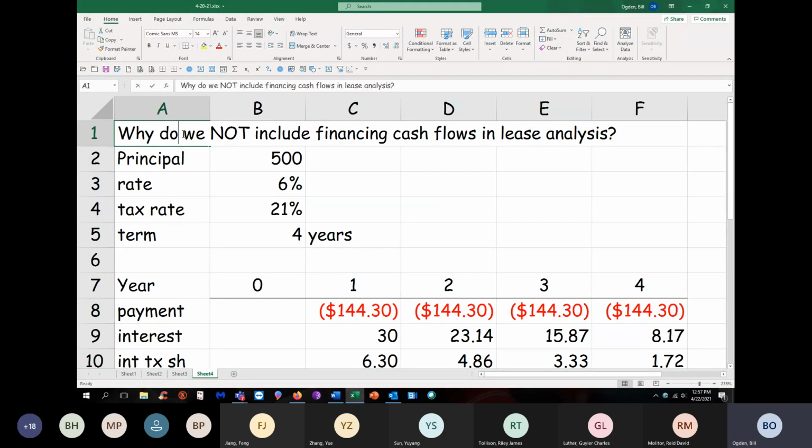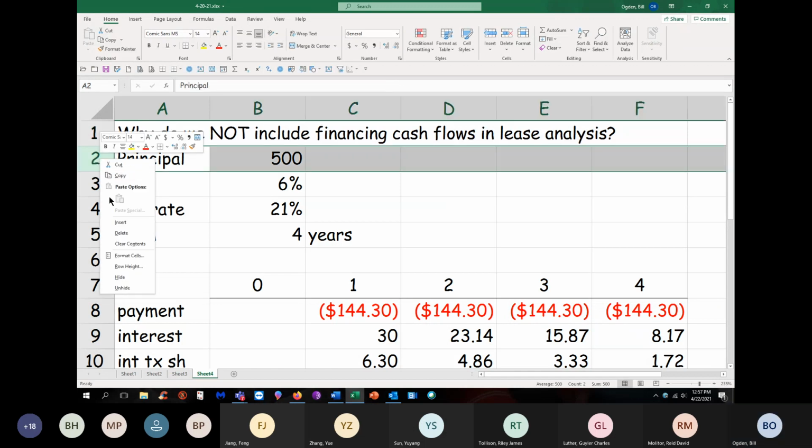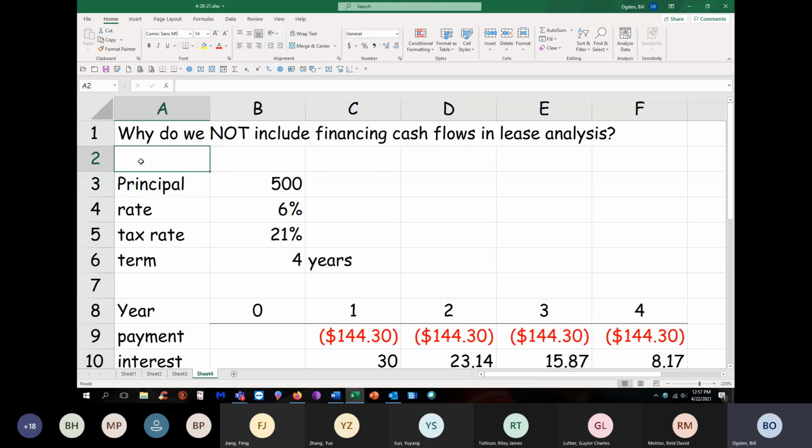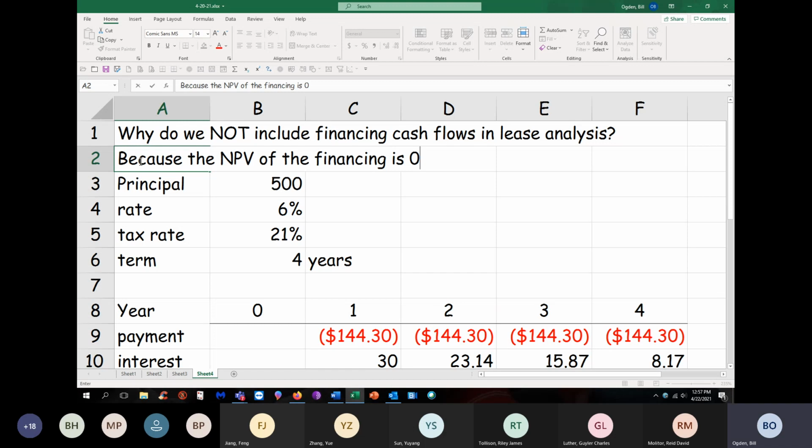Why do we not include it? Very straightforward answer here. In fact, if you want, let's insert a row here. Because the lease analysis.